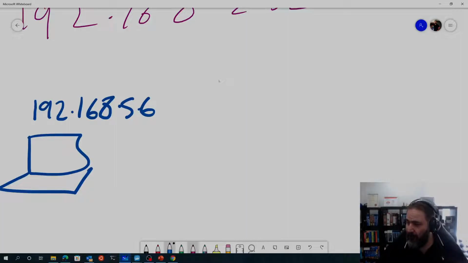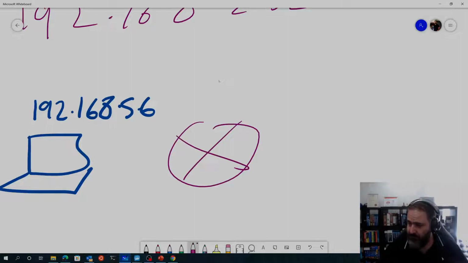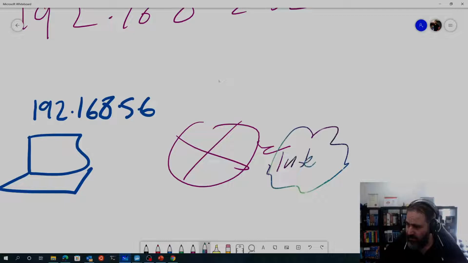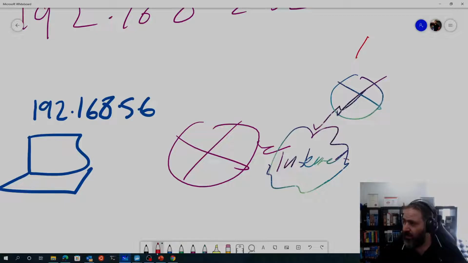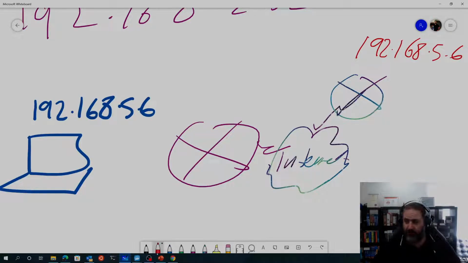But anyway, we've got a router here, and that's going to the internet. Okay. So we've got that internet here. And then to another computer over here, another router, another home network, and I've got another computer, 5.6, with exactly the same IP address.